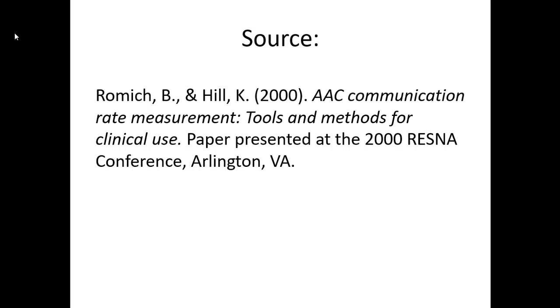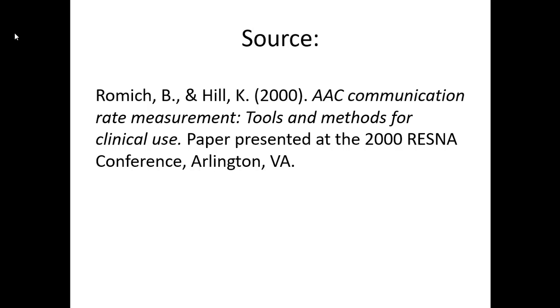In the AAC field, the paper that defines communication rate measures is this paper by Romich and Hill from 2000. Romich and Hill outlined a procedure for calculating average communication rate that is very similar to the procedure for calculating communication rate in clients who speak verbally. The goal was to create a measure that was as comparable as possible to the measure used with other clinical populations.